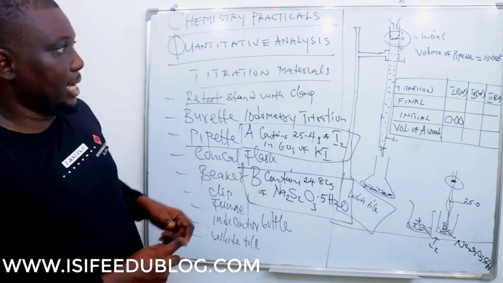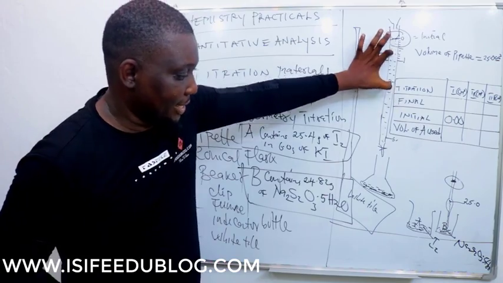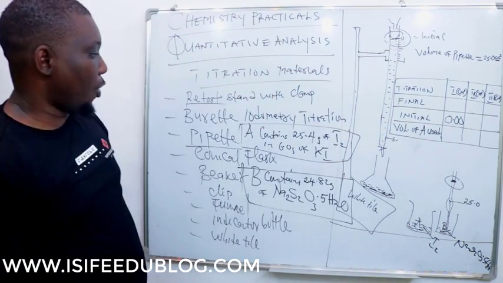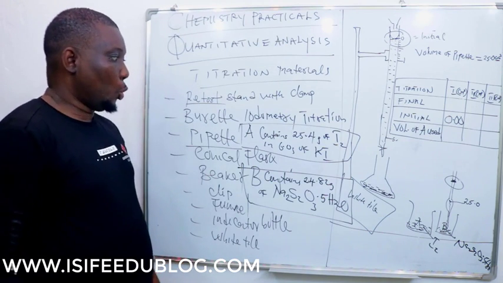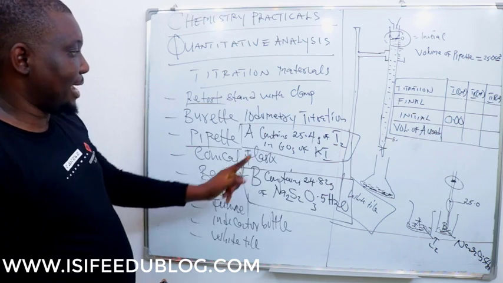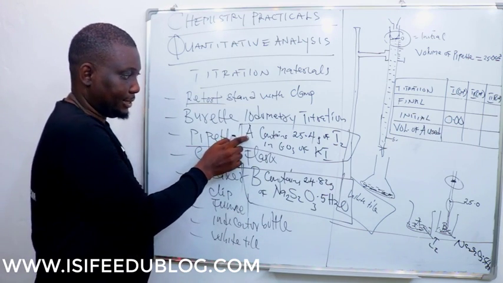So the burette standing here, the content of this burette, the titrant, is I2, and this is the thiosulfate. So what do we do? We simply titrate it. But I would like us to understand what this A is.